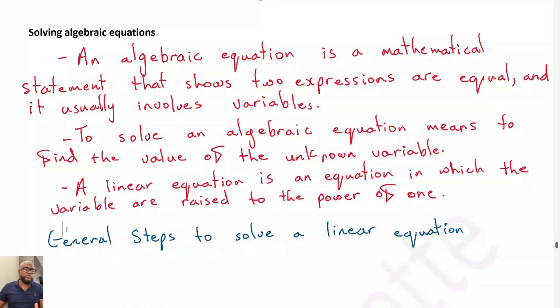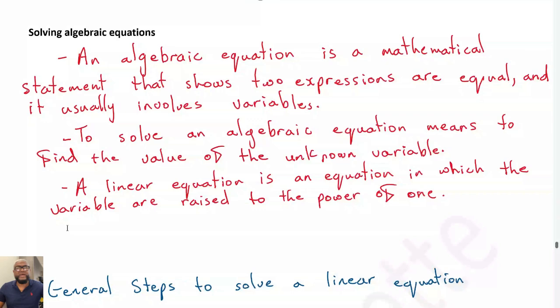Example, like there's no x to the second power, no x to the third power, nothing. Right? It's only x to the first power, which is just like x, right?